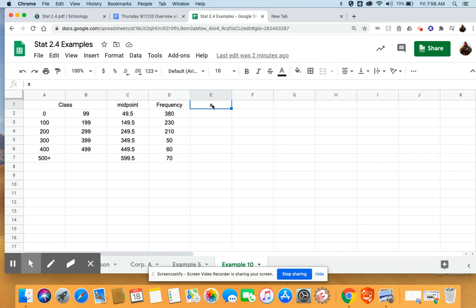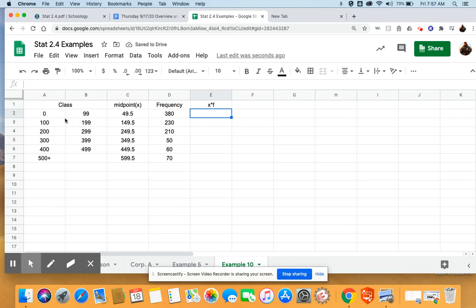The step we need to do now is go through our process to calculate a mean. Remember that if we're going to calculate a mean in Google Sheets for a frequency distribution, our first step is to take our x values times our frequencies, and in this case, x values are the midpoints. We don't know all the data values.